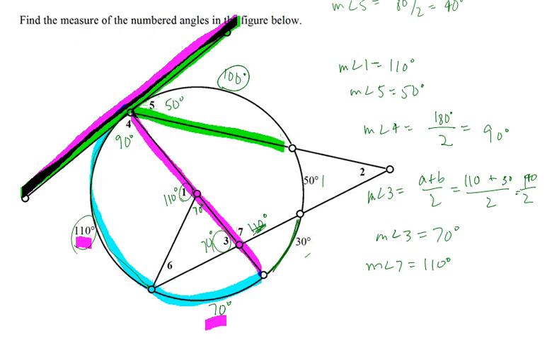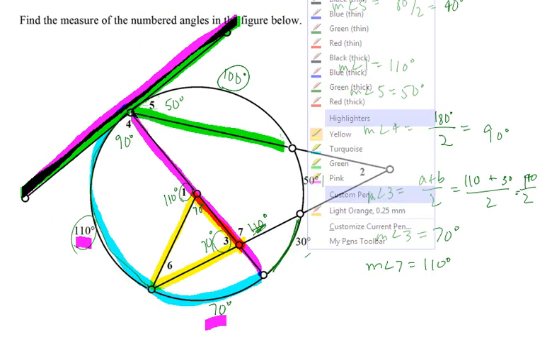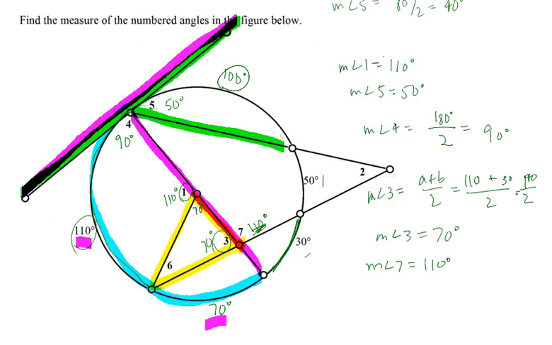That's an exterior angle of this yellow triangle. We know that the exterior angle of a triangle is the sum of the two remote interior angles. So I've got 70 degrees plus angle 6 should give me 110. So that's 110 minus 70 degrees, or 40 degrees for angle 6.